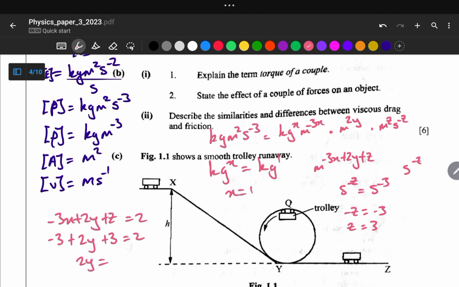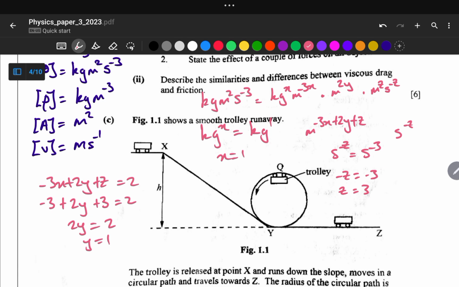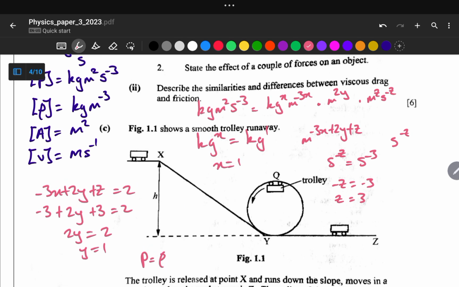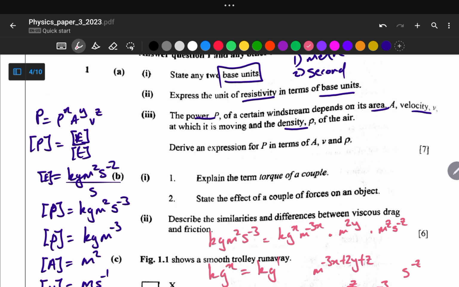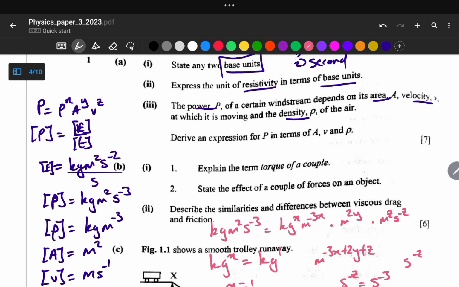Therefore 2y is equal to 2 and y is equal to 1. So the expression is P equals density rho A V cubed. This is the expression that relates power, area, speed, and density.